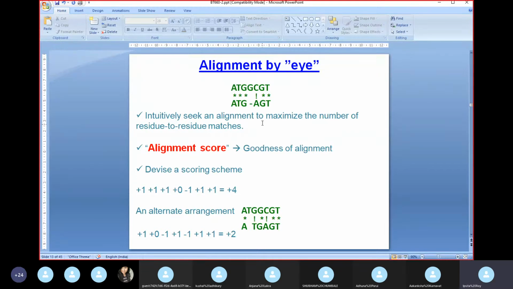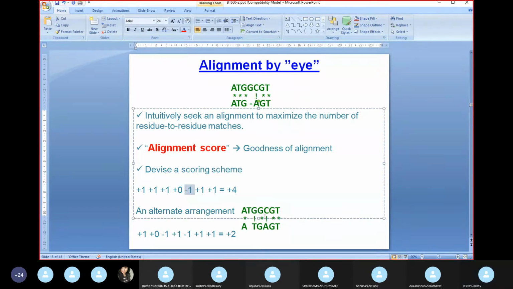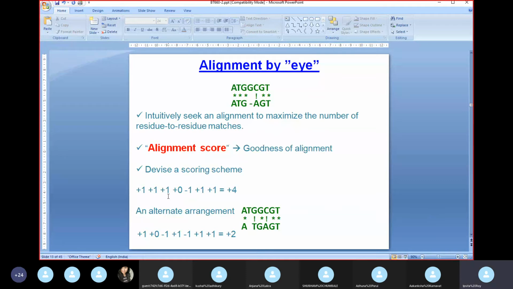So what I then do is I give a score to the alignment. So wherever there is a good fit, I give this a score of +1. Where there is no fit, I give it a score of 0. And where there is a mismatch, I give it a score of -1. So when I do that, what this gives me is an alignment score, which tells me how good my fit is or how good the alignment is.